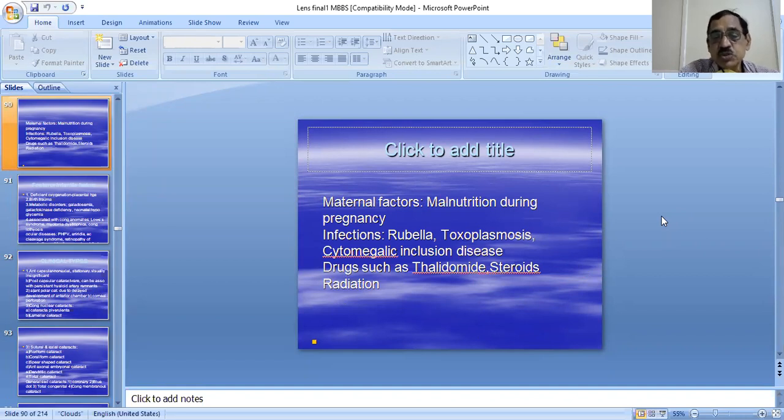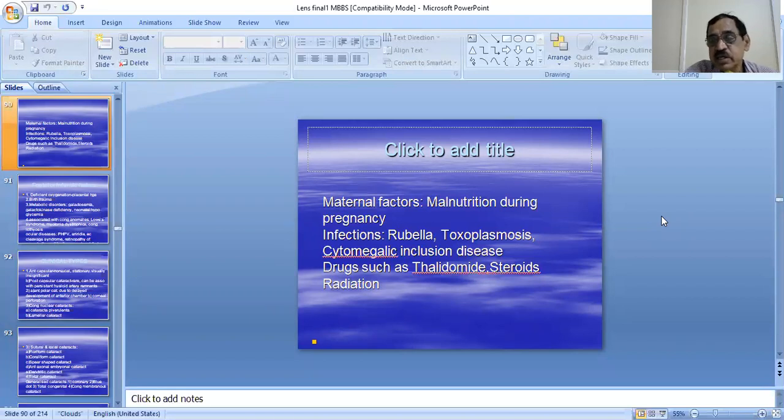And infections of the mother during the pregnancy with rubella, toxoplasmosis, and cytomegalic inclusion disease all result in congenital cataract, especially rubella occurring in the first trimester, second to fourth week of the pregnancy.